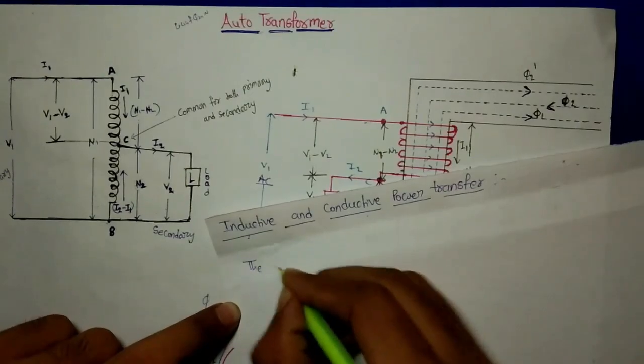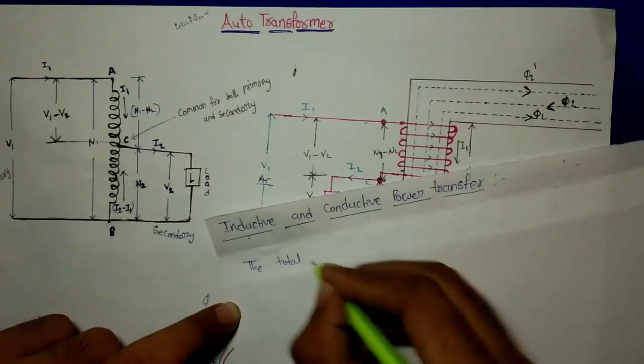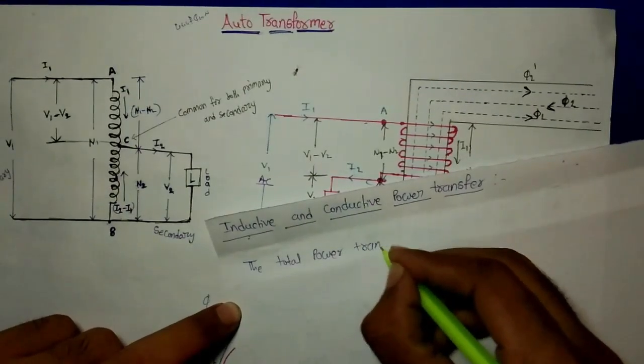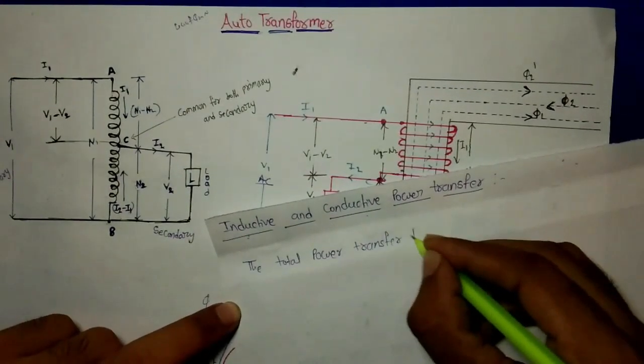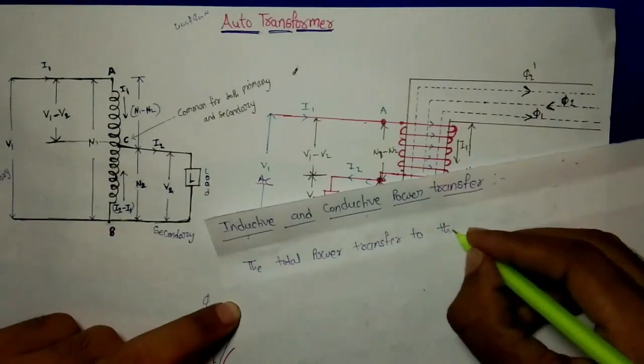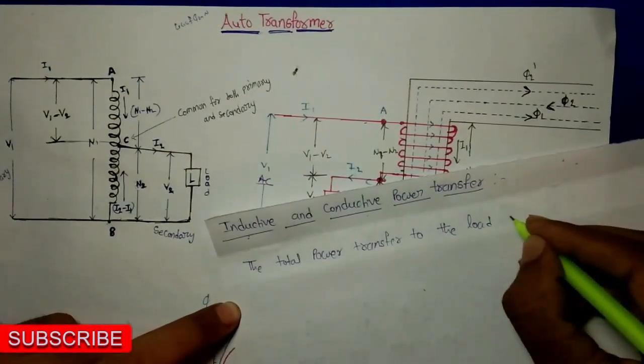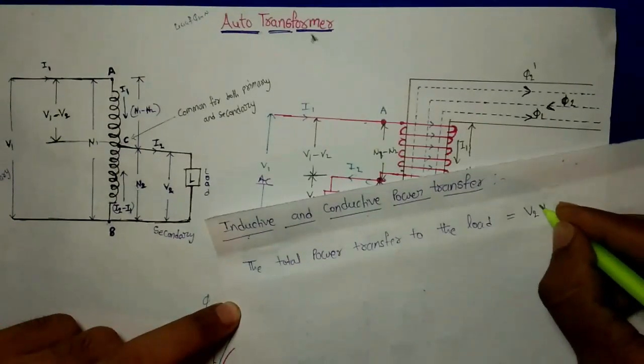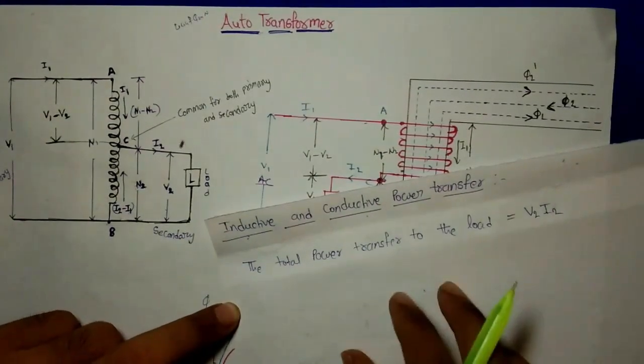The total power transfer to the load is equal to V2 into I2.